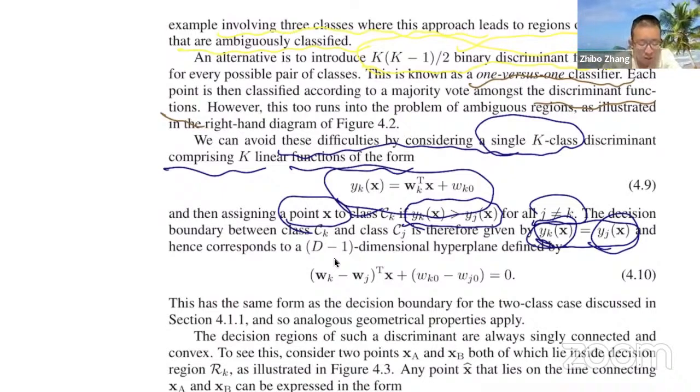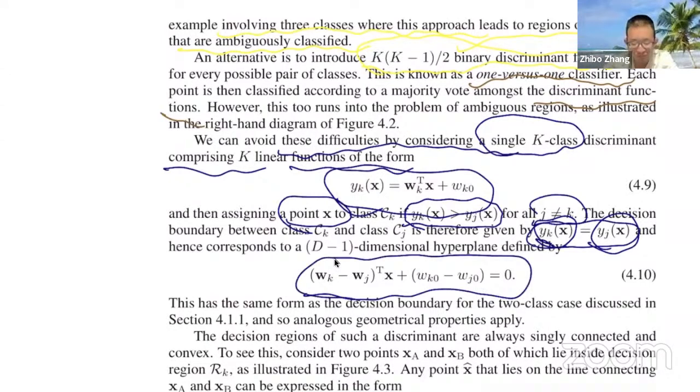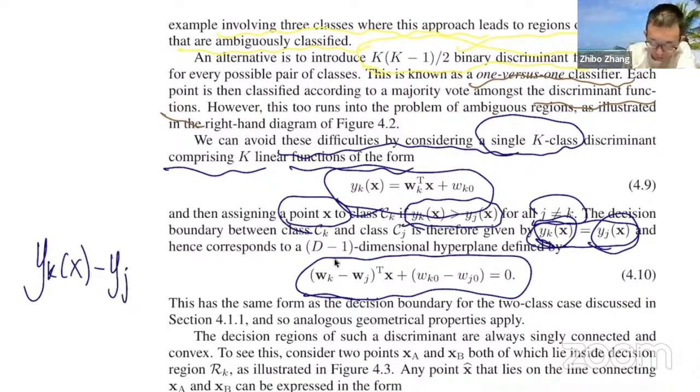And hence this corresponds to a D-1 dimensional hyperplane defined by this thing. Basically we're moving YJ to the left-hand side and setting it equal to 0.